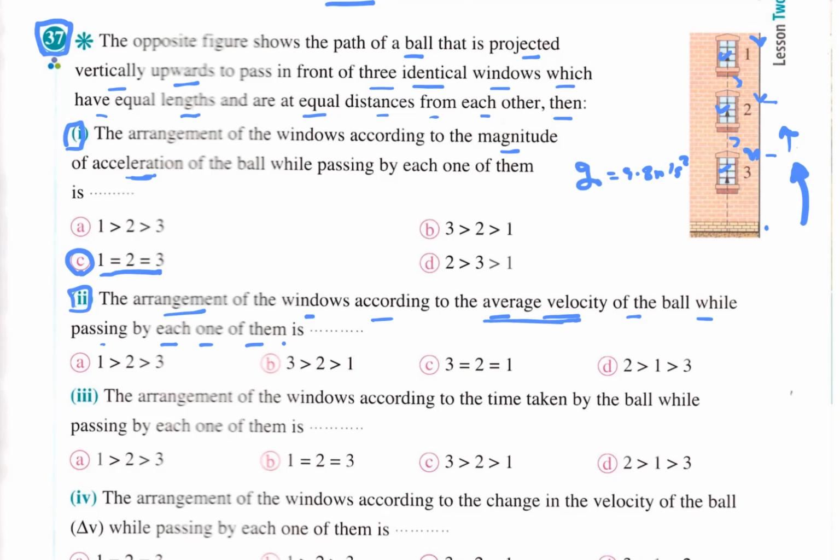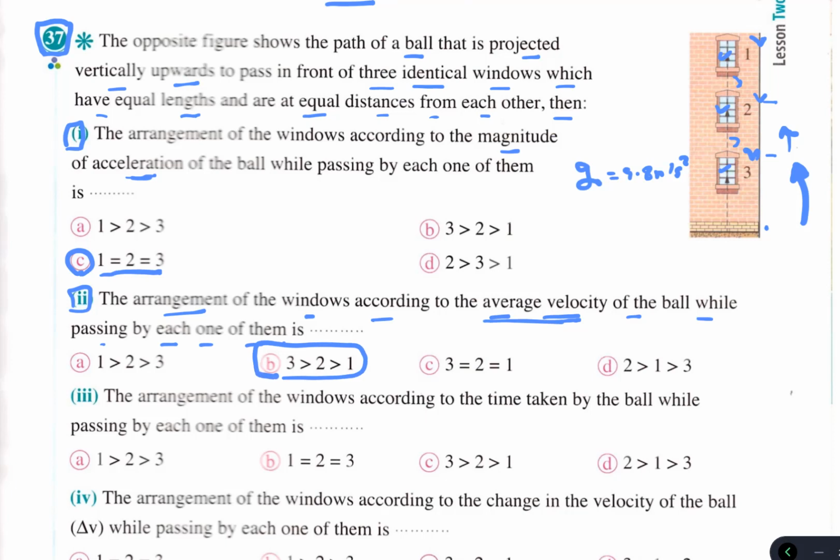So the average velocity of the ball while passing by each one of them is 3, 2, 1. 3 is larger than 2, larger than 1.